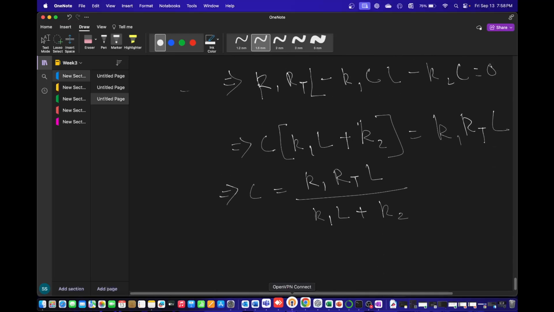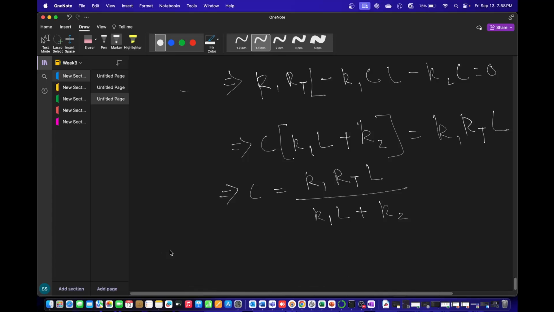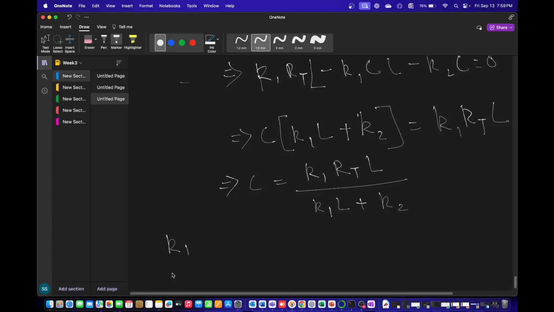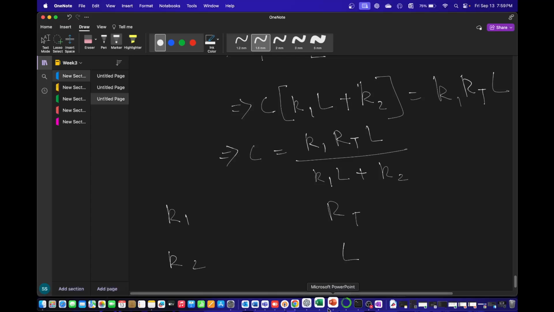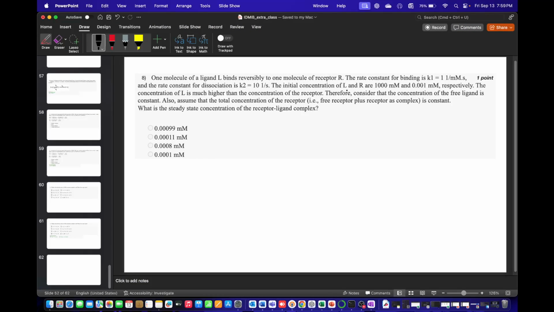Now you'll see all of these equations are given. So we need k1, we need k2, we need RT, and we need L. So let's see what the values are. k1 and k2 are given as, I think, k1 is 1.